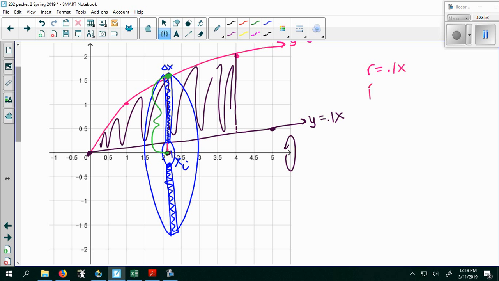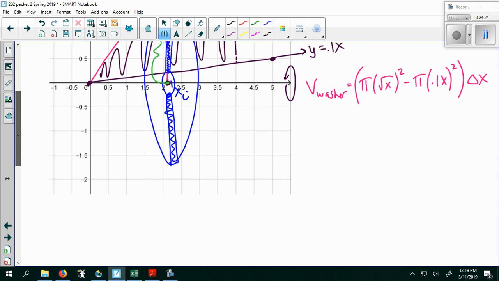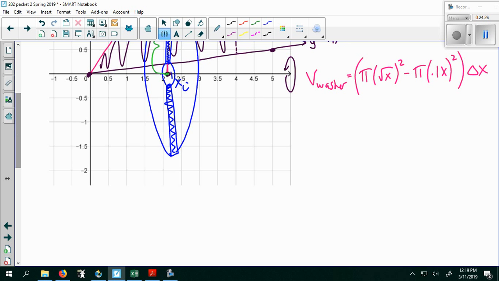So big R is square root x. So the volume of my washer is pi times big radius squared minus pi times little radius squared, delta x. Then I'm going to add up n of those washers and then take the limit as n goes to infinity.